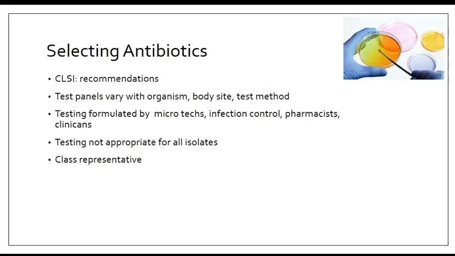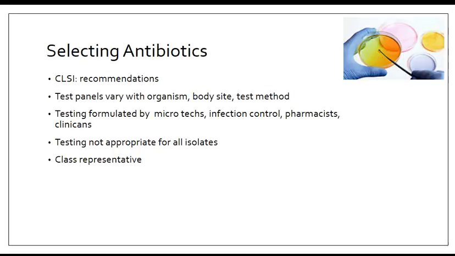Okay, selecting antibiotics. We have standards from the Clinical and Laboratory Standards Institute, and these are usually in one big notebook, and they are arranged according to body site, test method, and organism, as to what antibiotics are going to be tested for. There is no way that we could possibly test for all the antibiotics that exist.